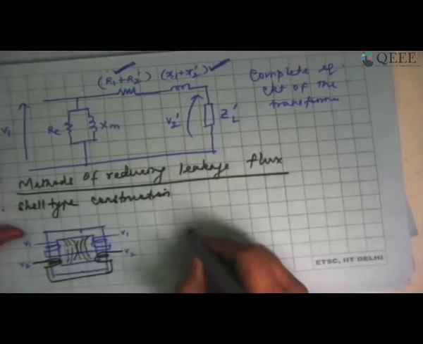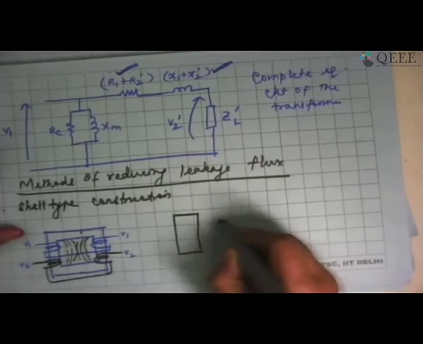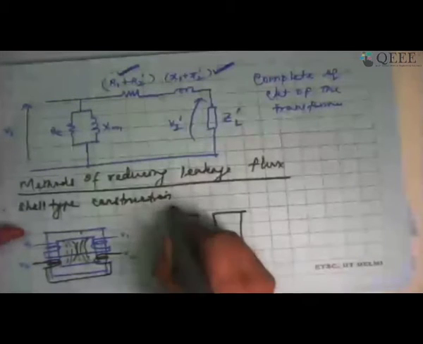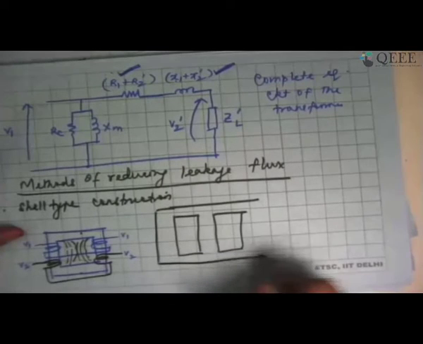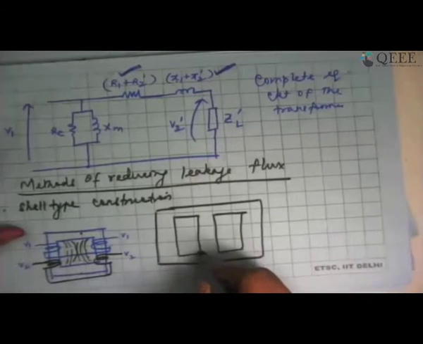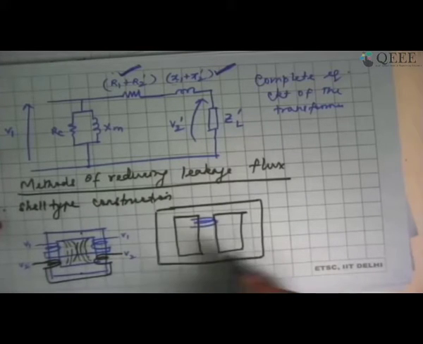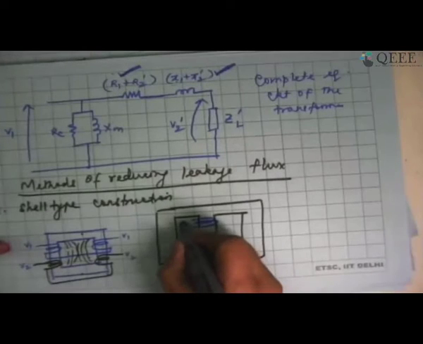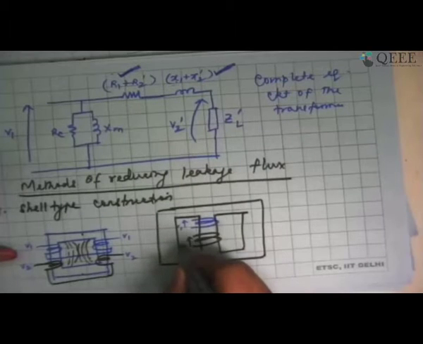Rather than that, if I have a shell type construction, let me show it. I'm going to have it somewhat like this. This is what we showed as shell type construction. The primary is going to be here, maybe the secondary is going to be here, and I'm going to apply V1 here and tap V2 from here.